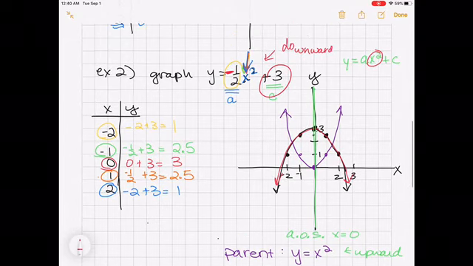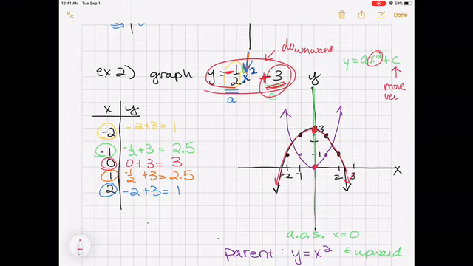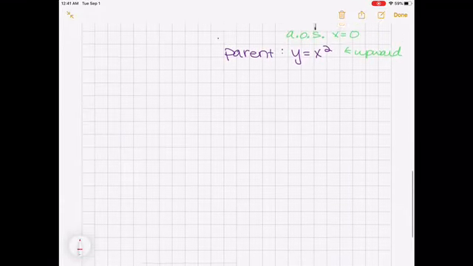And we also see that the vertex of the parent function was at 0, 0, but the vertex of this graph here is up 3. And that's because that C value, that adding 3 here, actually moved the vertex up. So we know that the C value will move the vertex up or down based on what it is.